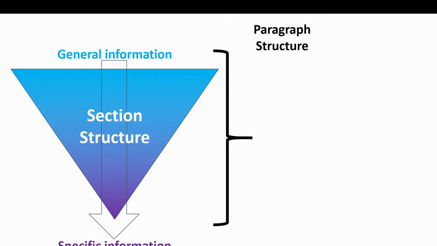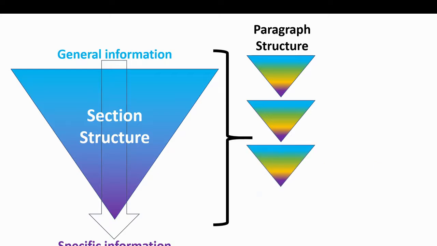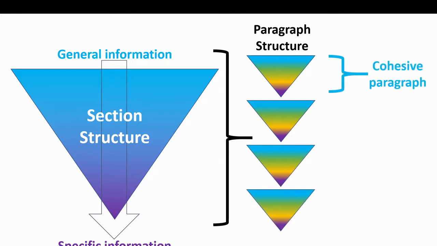Our paragraphs that are contained within a structure are going to be built in the same sort of way. And we want to make sure then that each paragraph that we write is going to be cohesive and that we find a transition that allows us to glue or adhere from one controlling topic in one paragraph to another controlling topic in another paragraph.